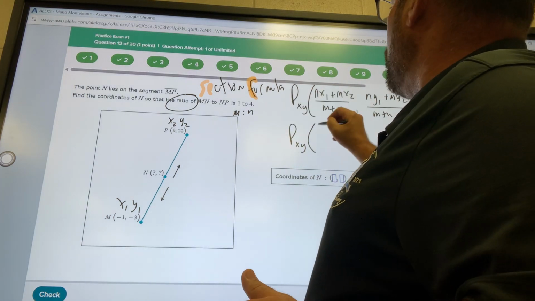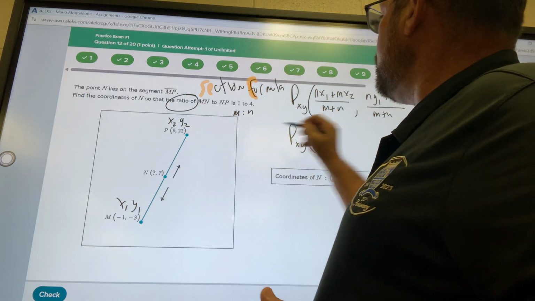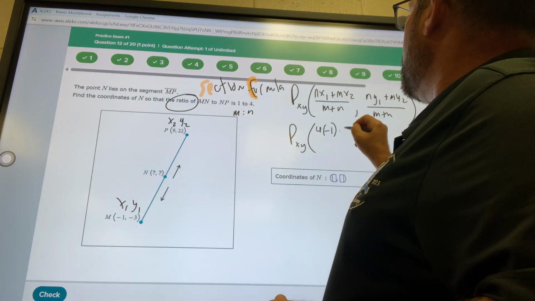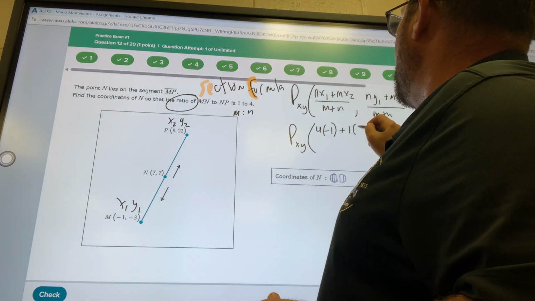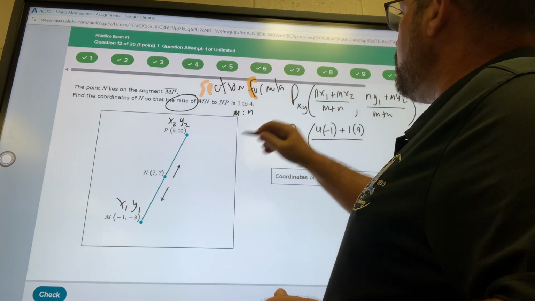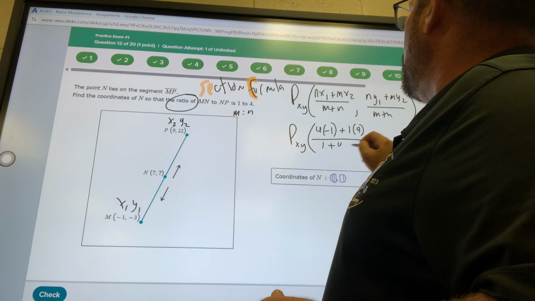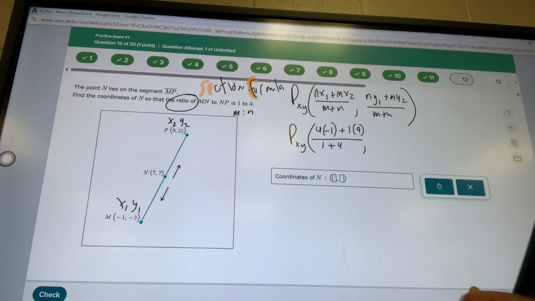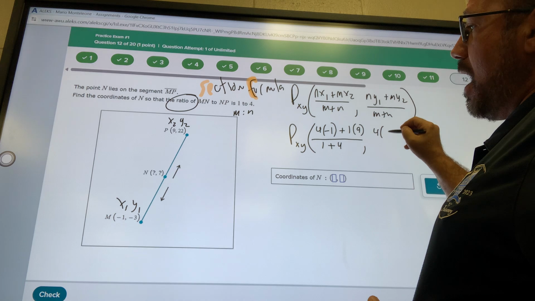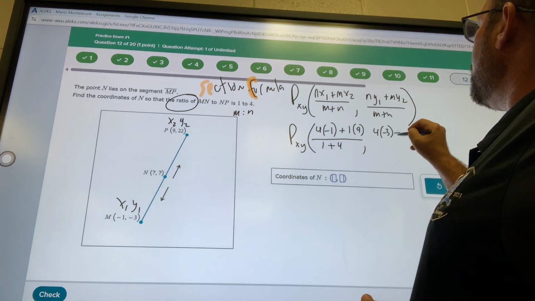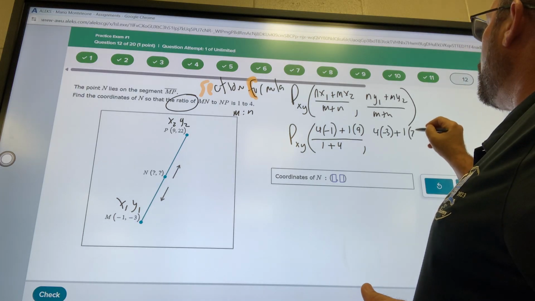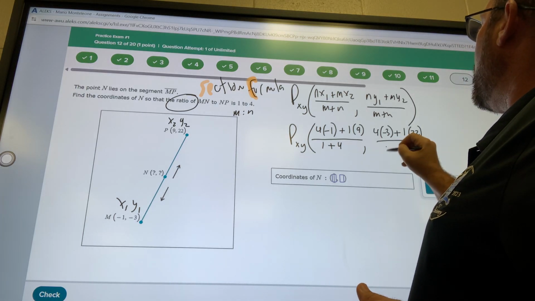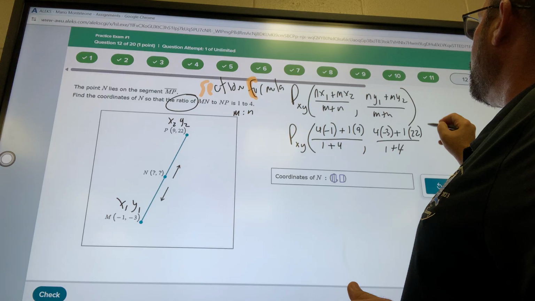N is 4, x1 is -1, plus m is 1, x2 is 9, over m plus n, 1 plus 4. N is 4, y1 is -3, m is 1, y2 is 22, divided by 1 plus 4.